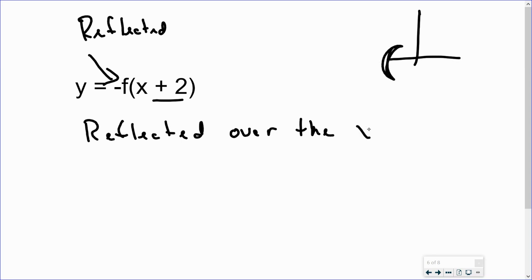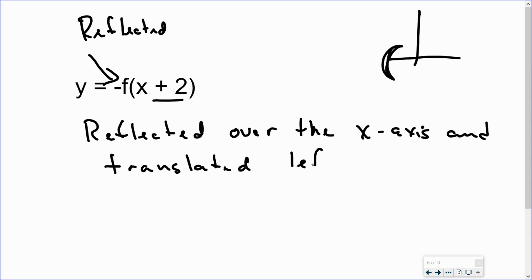That's the x-axis. And let's see here, translated. Oh, plus makes me think right, but it's going to be left 2.